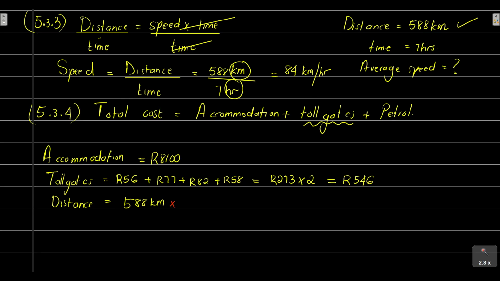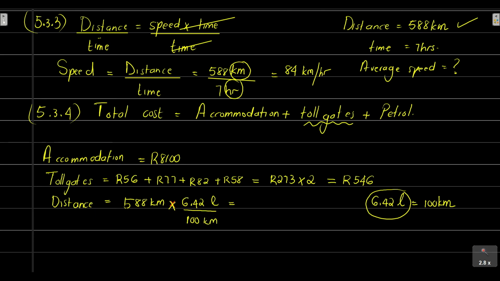We're going to use that equation of 6.42 liters is equal to 100 kilometers. You're going to multiply by what we want. We want to determine how many liters of petrol they are actually going to use. So you're going to multiply by 6.42 liters, and you're going to divide by 100 kilometers. That will just give you a straight answer.